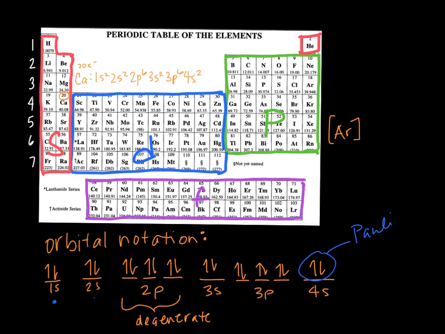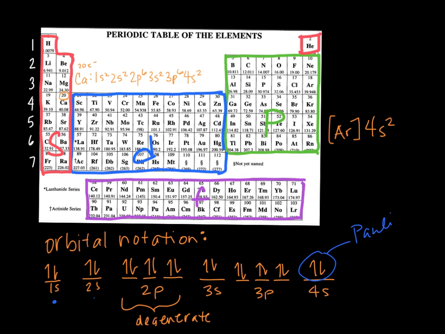We put that in brackets, and that's basically saying that the electron configuration for argon, so everything before argon, is inside of those brackets, and then we'll go from argon to 4s2. That really demonstrates how beneficial it can be to use the noble gas configuration, because this is way shorter than having to write out all of that.